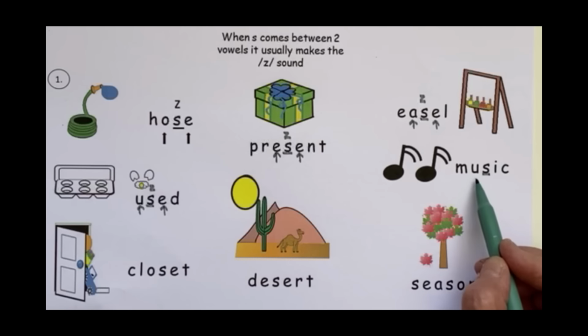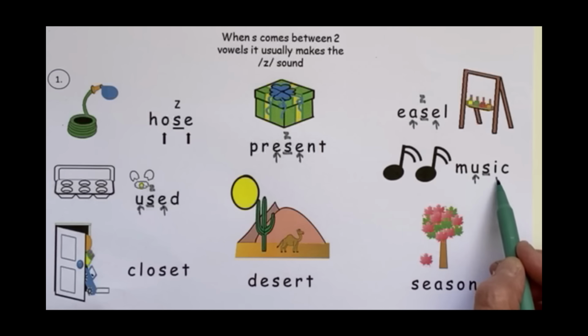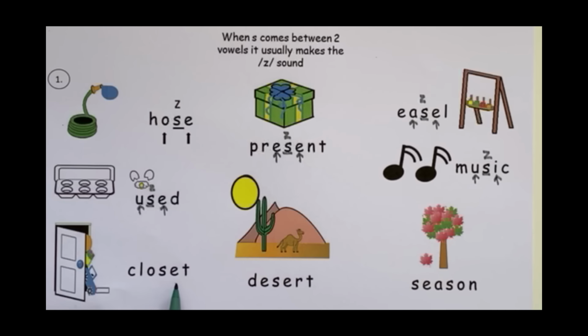The S comes between the vowel U and the vowel I, so it makes the Z sound. And down here we have a closet. Looks like a messy one. The S is between the vowel O and the vowel E, so it makes the Z sound.